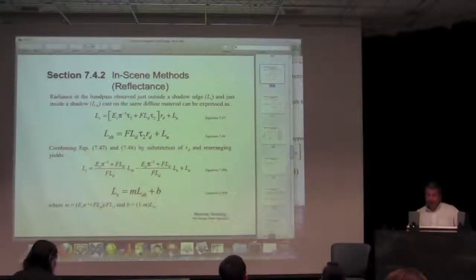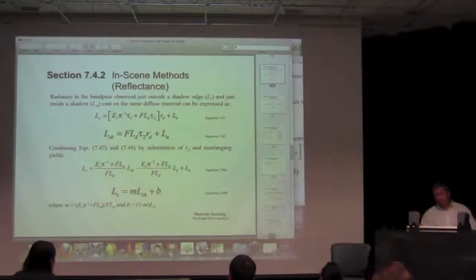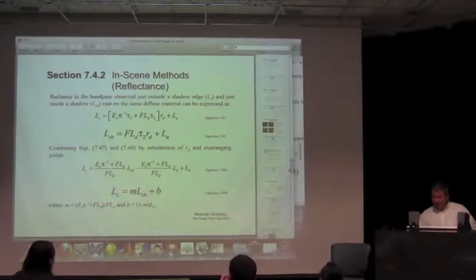You can solve for tau and RD. Yeah, you should be able to. I've actually never done that, but yes, you should be able to do that. Very good.